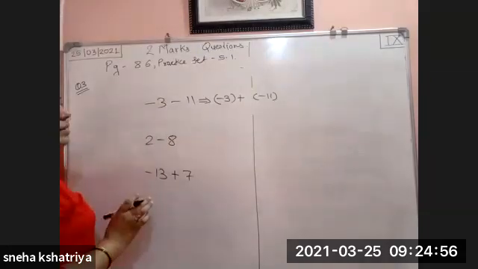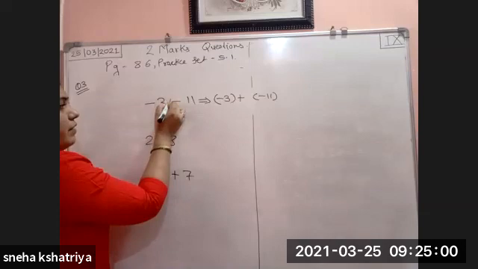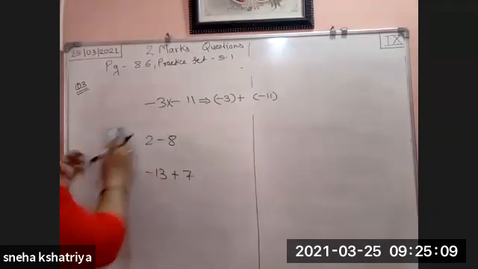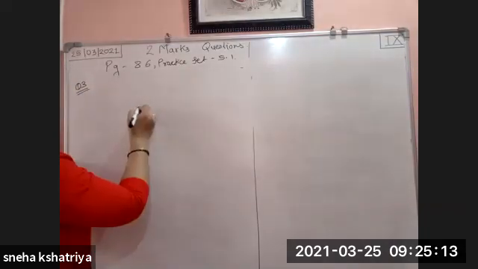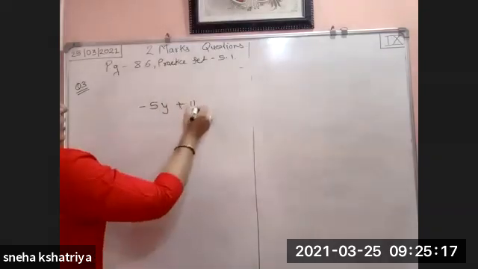It is written in the simple form. But it doesn't mean that this is multiplication. Many of the times what happens, students multiply this. So you don't have to multiply here. And after adding the variables, see here, -5y plus 11y.